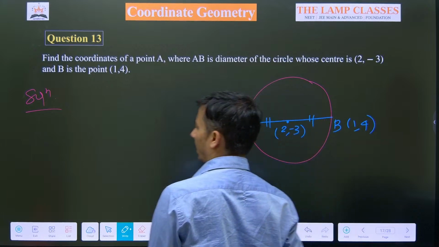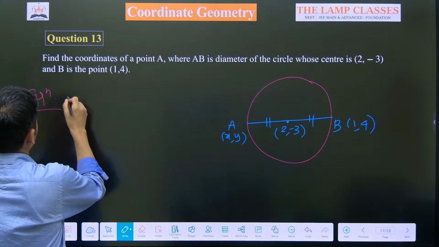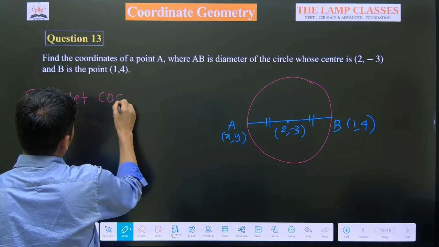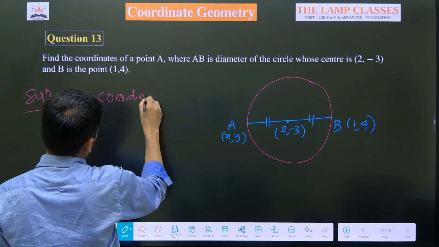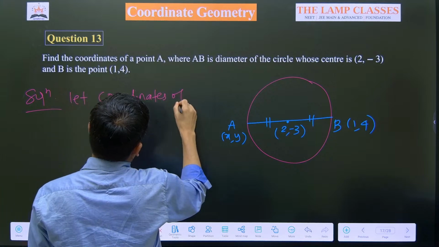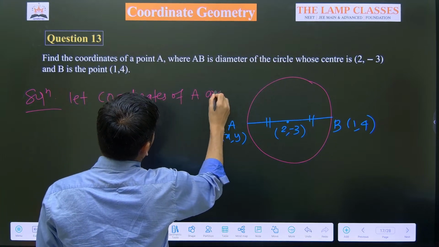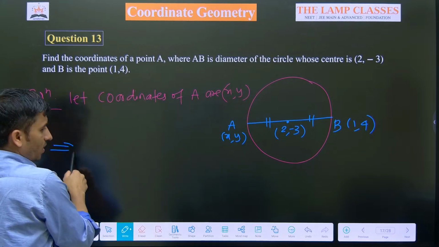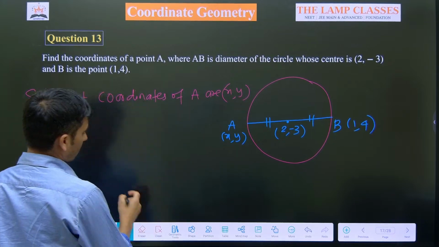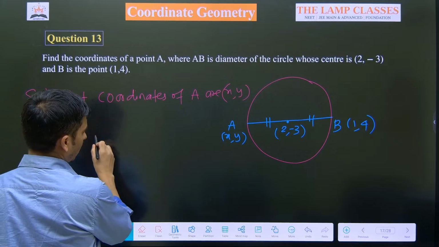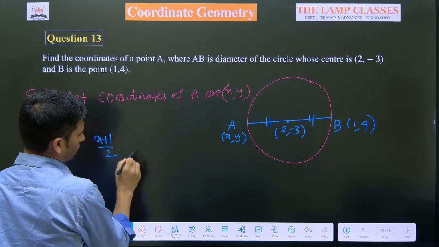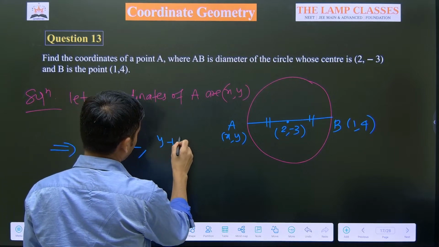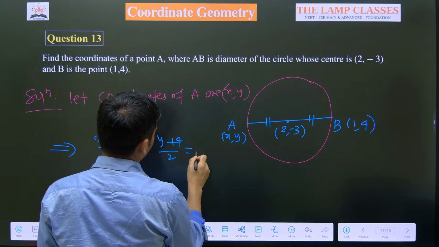It's not tough, it can come actually even in MCQ. So we'll say let coordinates of A be x comma y. Now we can apply the midpoint formula. So (x plus 1) upon 2 has to be 2 comma (y plus 4) upon 2 is equal to minus 3.